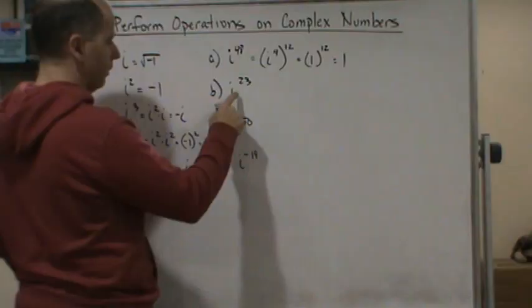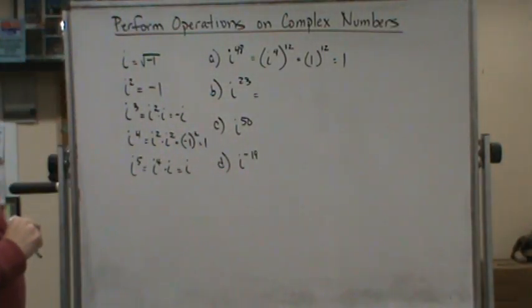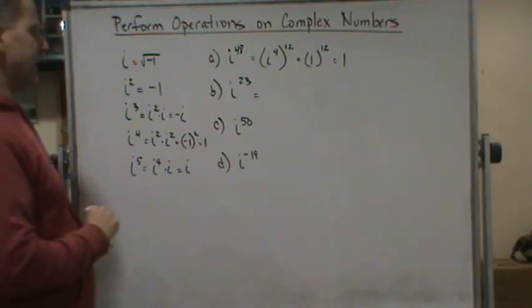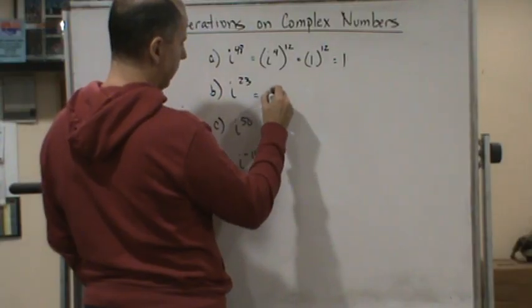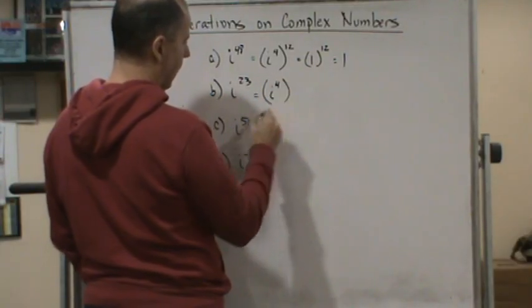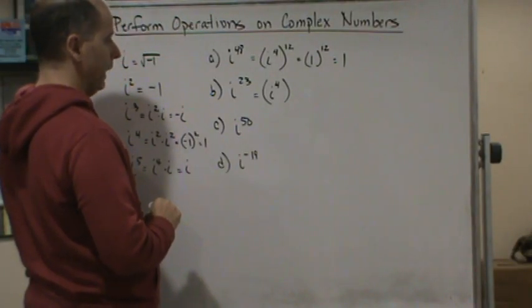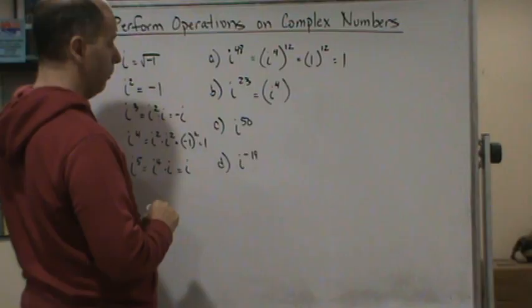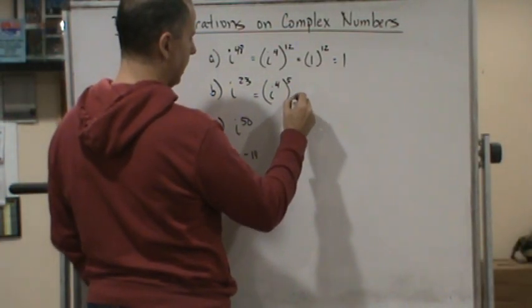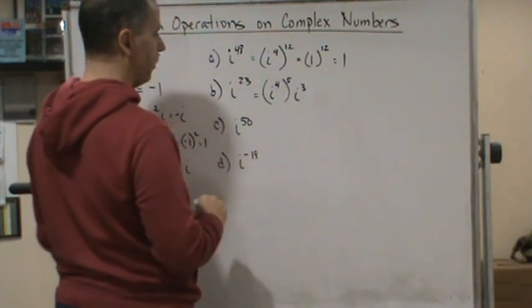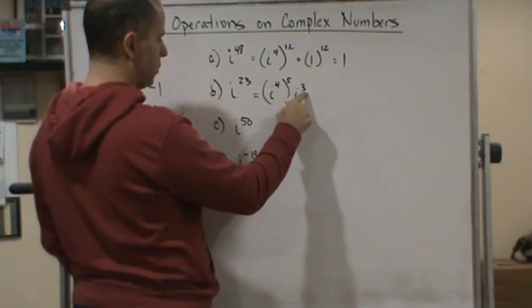What about 23? Well, how many 4s go into 23? Let's do i to the fourth. How many of those can we get? In this case, we've got 5, and then that leaves i to the third, because 4 times 5 is 20, plus 3 is 23.